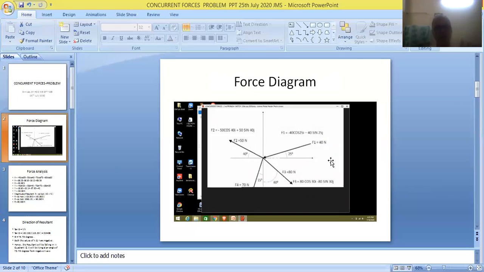We have to do all these things properly. Then only we can measure the correct values of sigma x and sigma y: sigma x by taking all the horizontal components, sigma y by taking all the vertical components.